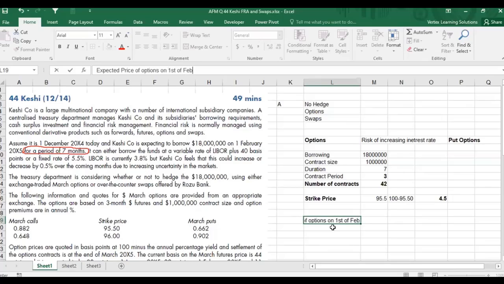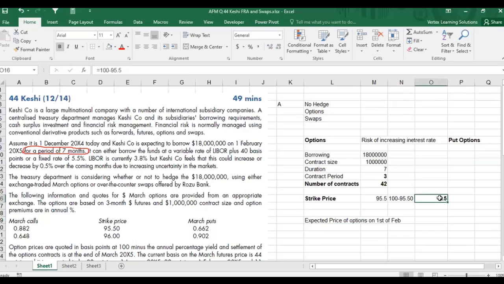This is the date when you want to take the loan. If you remember, I said in the discussion part previously that we will see whether we should exercise this 4.5 or let it lapse, and we need to compare it. Compare it with what? Compare it with the market price. And how do you calculate the market price? We say the expected price of options on 1st of February, how much it will be.